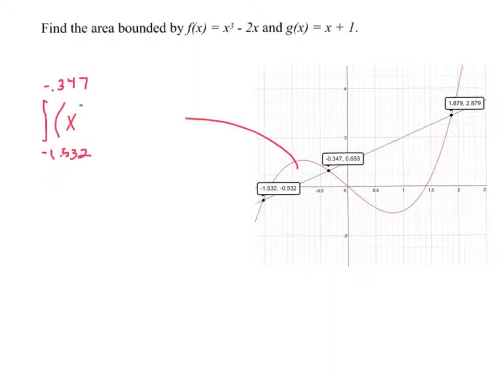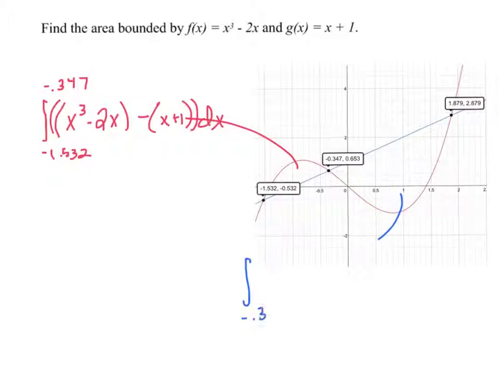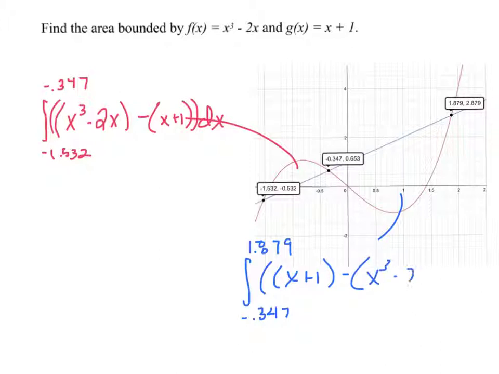So we're going to have x cubed minus 2x minus x plus 1 dx, like that. And for this other area right here, the line is on top. So from -0.347 to 1.879, we'll have x plus 1 minus the cubic. So we'll find each of those and then add them up.